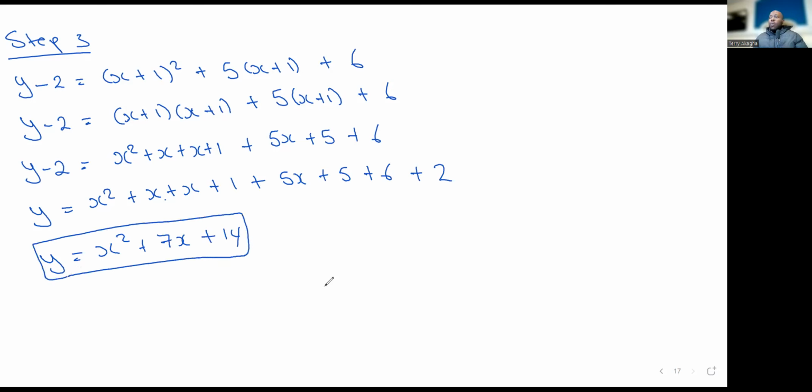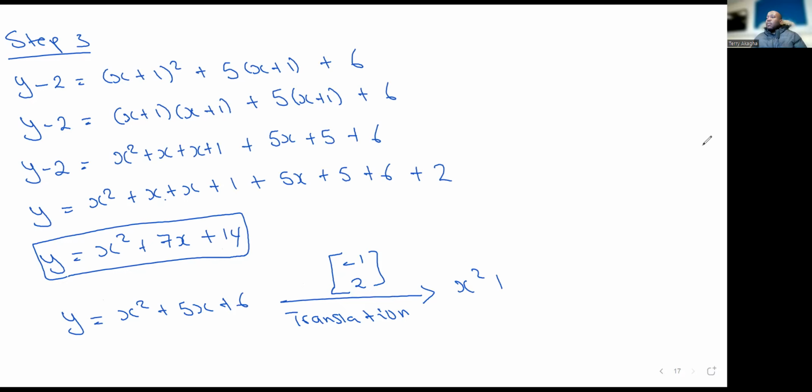So that means when we have y is equal to x squared plus 5x plus 6, this graph is undergoing a translation of what? I think it's minus 1 and 2. The new graph you're going to have is y equal to x squared plus 7x plus 14.